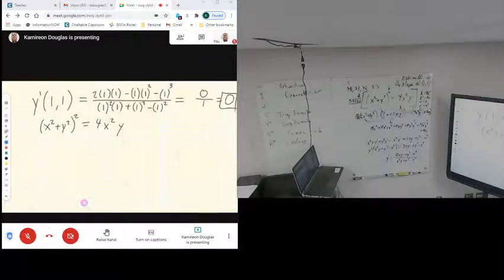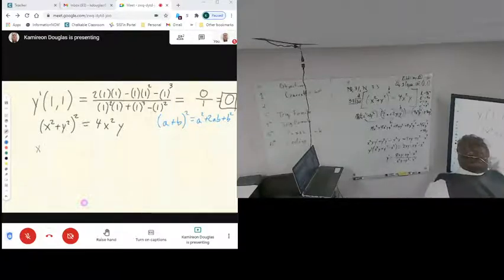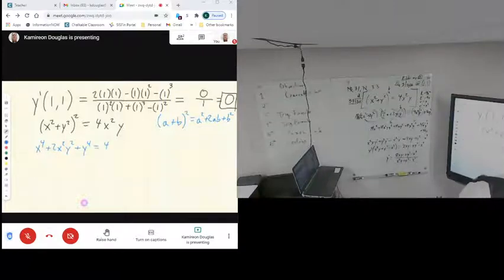The perfect square formula says if we have a plus b squared, this is a squared plus 2ab plus b squared from algebra 2. I can now plug in x squared and y squared, which will become x squared squared, which would be x to the fourth, plus 2x squared y squared plus y to the fourth equals 4x squared y.